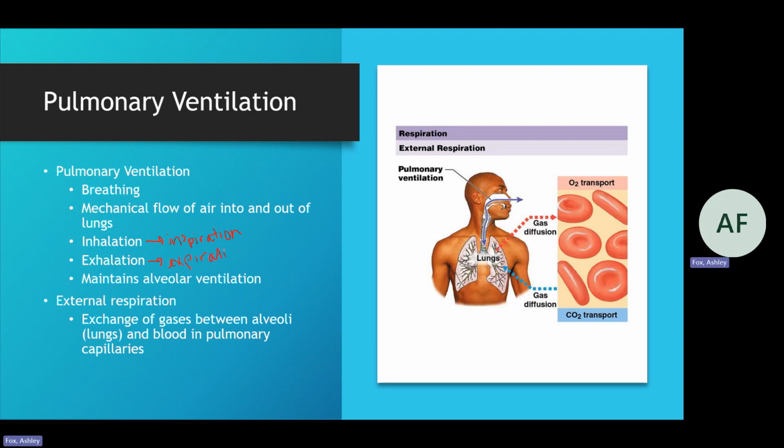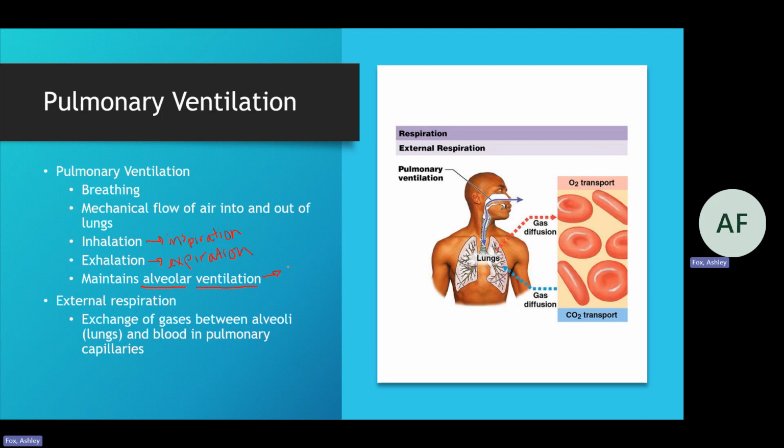of the lungs. So this is actually getting air from in nose or mouth into the lungs so that gas exchange can occur. This is what we call maintaining alveolar ventilation. So pulmonary ventilation is going to maintain alveolar ventilation because we know the alveoli are where the gas exchange actually occurs.